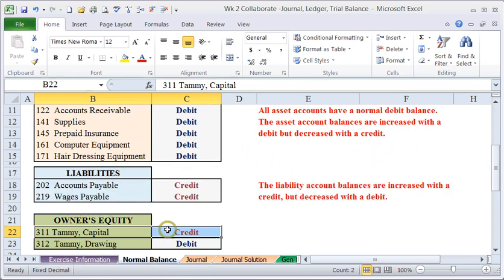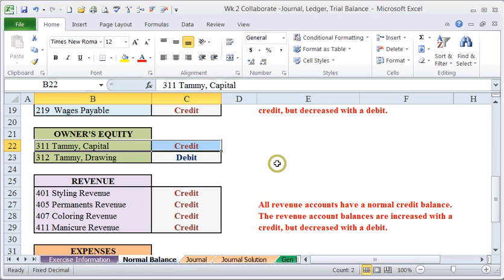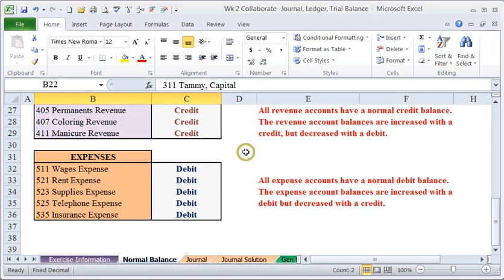All liability accounts have a normal credit balance. The owner capital account has a normal credit balance, but the owner drawing account has a normal debit balance. All revenue accounts have a normal credit balance, and all expense accounts have a normal debit balance.